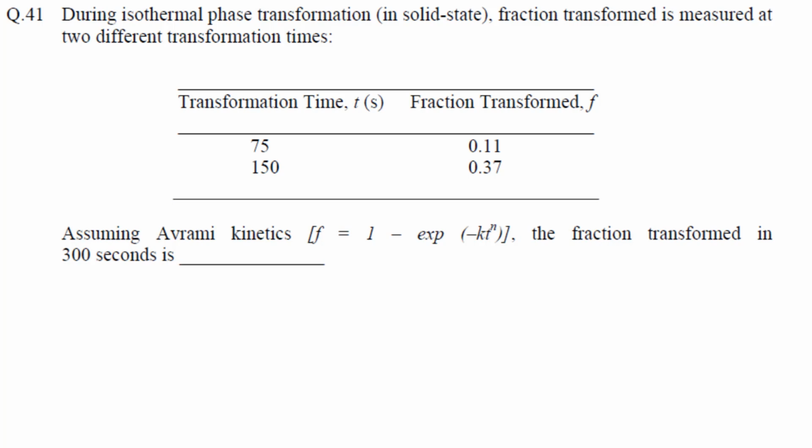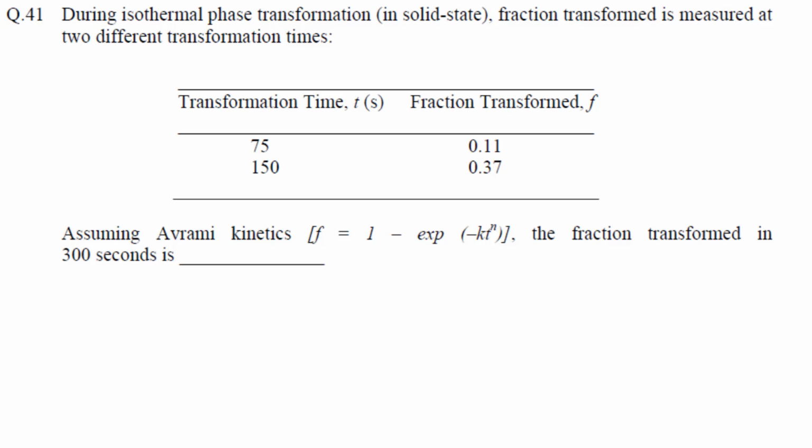Assuming Avrami kinetics f equal to 1 minus exponent of minus k t to the power n, the fraction transformed in 300 seconds is. The equation is already provided here, and we need to directly use this equation, right?